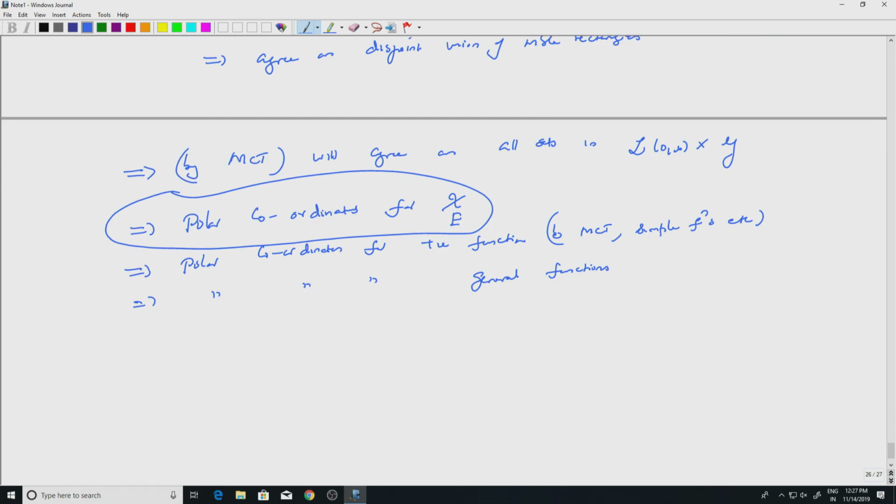If I know M of E is the same as mu cross sigma of E, where E was a Lebesgue set in R^n minus 0, so 0 is not needed there, then if you write down the right hand side, this is actually polar coordinates for chi_E. And once it is true for chi_E, you can go to simple functions, positive functions, and then general functions in the usual manner. Okay, so we will stop here.